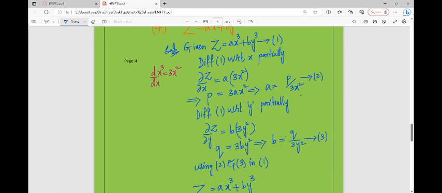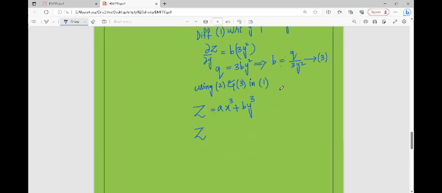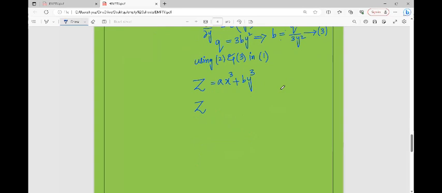So this a and b we have to use it here, यहाँ पे यूज करेंगे. a value is equal to क्या है वहां पे, p by 3x square into x cube plus b value is q by 3y square into y cube.